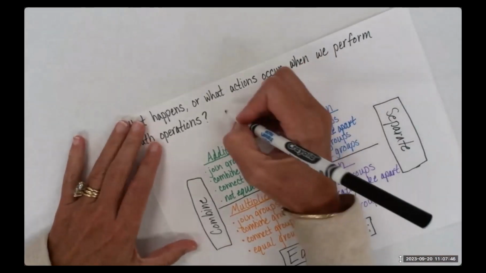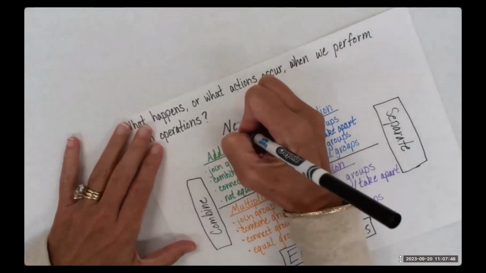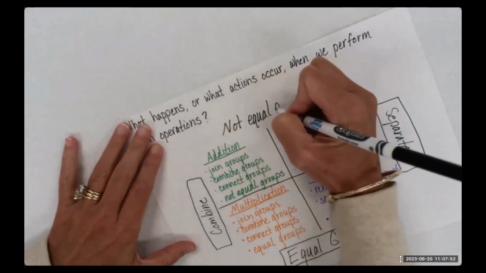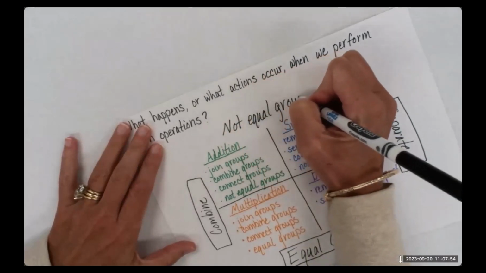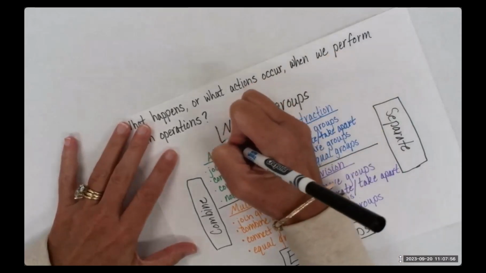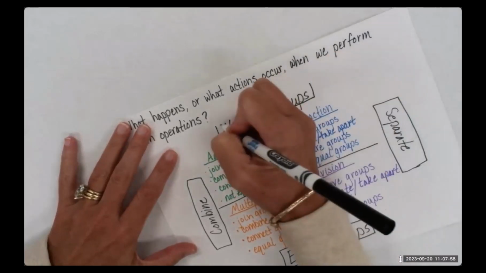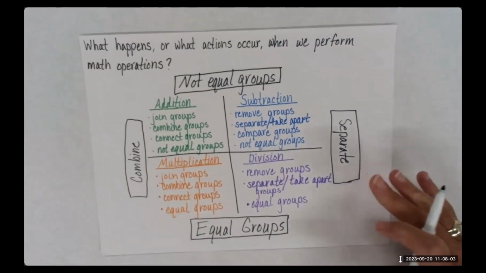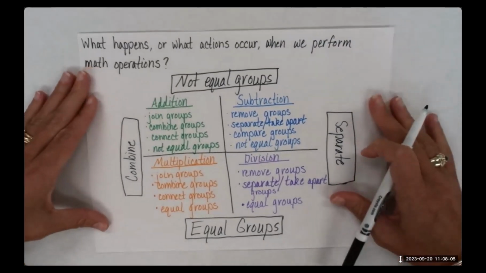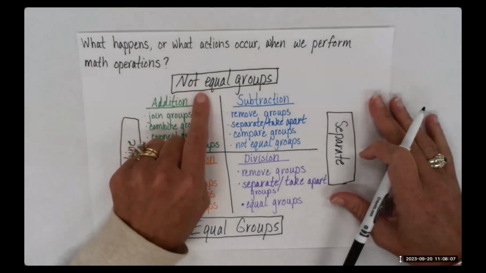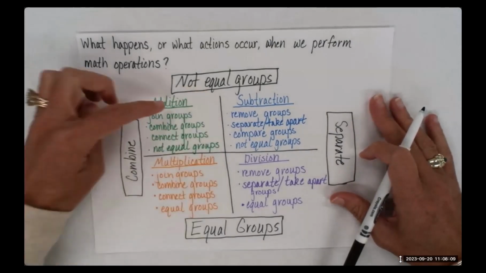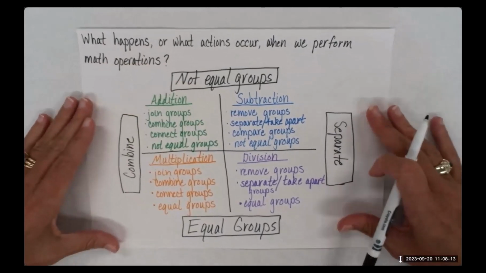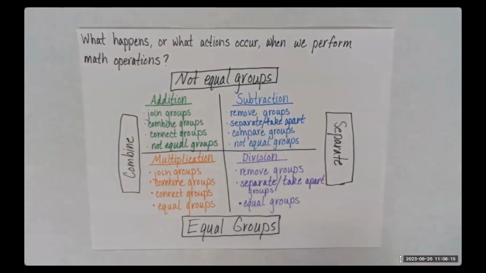So I write, right at the top, not equal groups, and be very transparent with your students about, yep, you know what, we will add some with our double stacks, and maybe you remove a set, 10 minus 10, maybe you're subtracting the same set, but most often you're removing groups or joining groups that are not equal in size, okay? That is a tremendous conversation to have with your students.